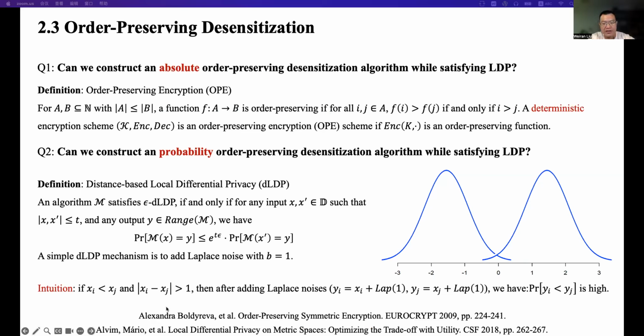The intuition is that if xi is less than xj, then after adding Laplace noise to get yi and yj, the only case where yi is greater than yj is that xi has a very large positive noise, as shown here, and xj has a very large negative noise. So in this figure, only here can it occur that yi is greater than yj. From this situation, we can get that yi is less than yj with very high probability.